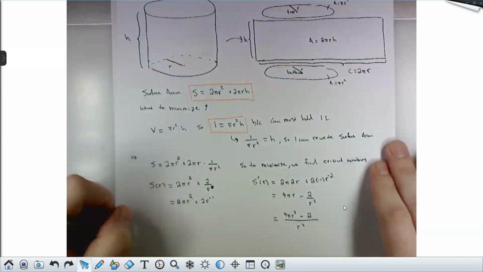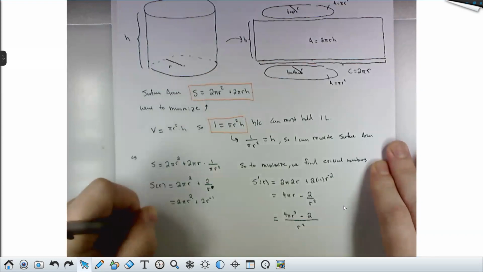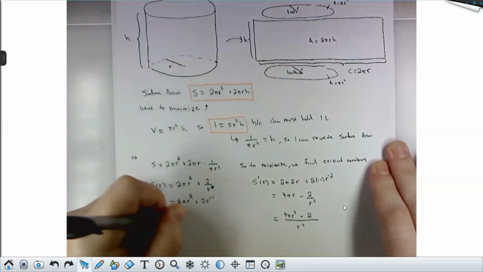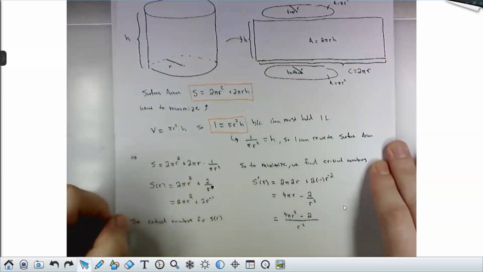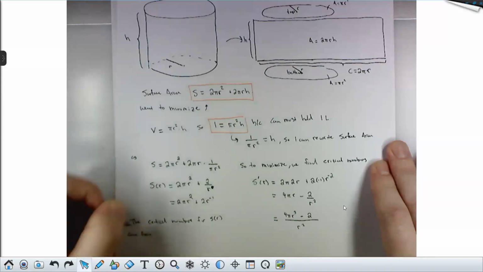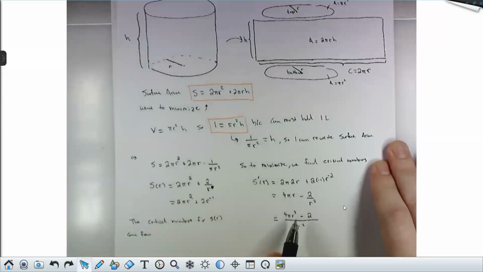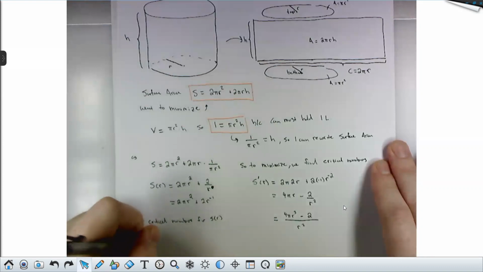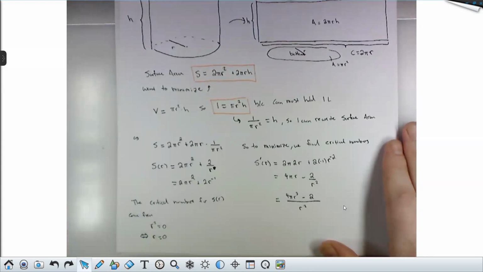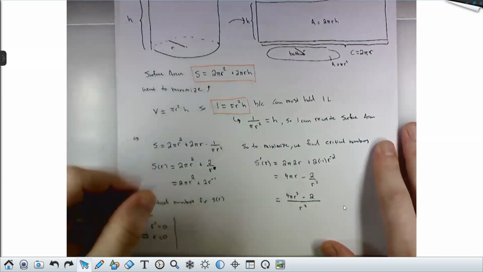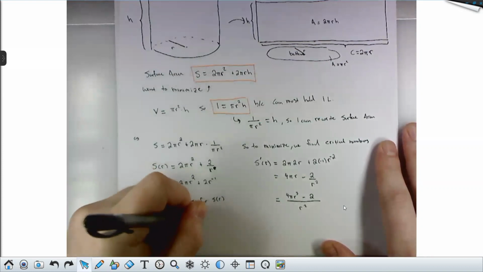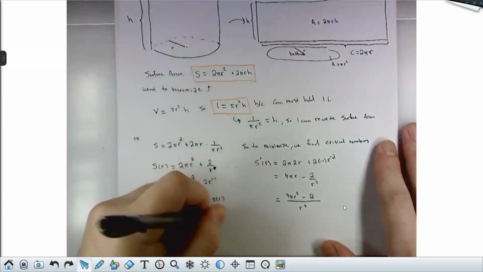So then our critical numbers for the function S of r come from the bottom being 0 and the top being 0. So r squared equals 0. That's true if and only if r itself is 0. So that's one of our critical numbers. And then the other one, if I set the top equal to 0, I have 4 pi r cubed minus 2 equals 0.